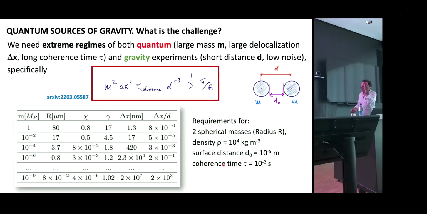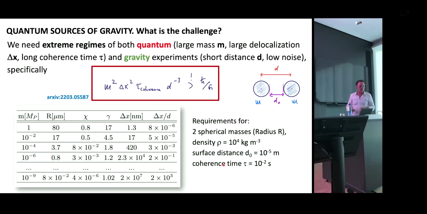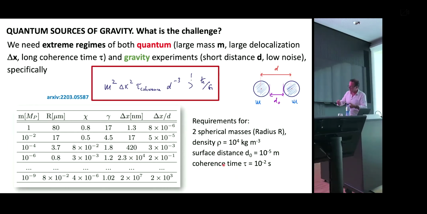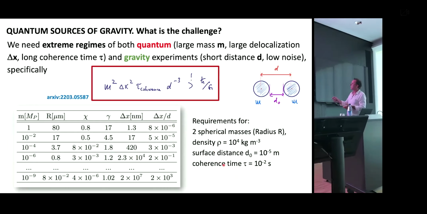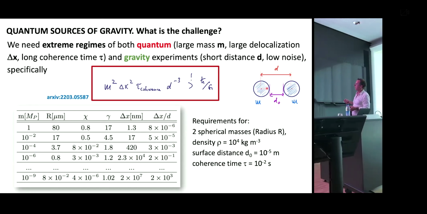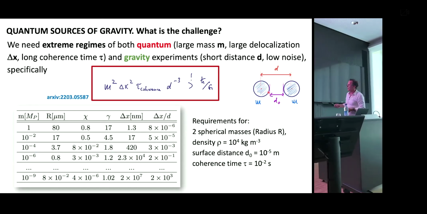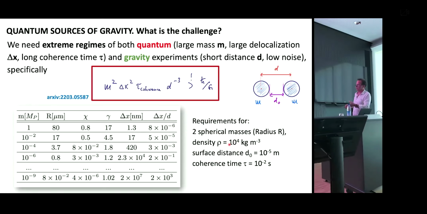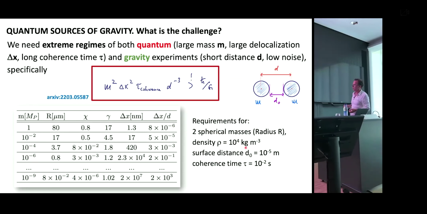Now, I spare you the details. Again, if you're interested in those, tomorrow will be the intensive course on that. If I assume now that we have two spherical masses, both of which are delocalized by delta x and separated by d, I take typical densities of a regular solid, 10 to the 4 kilograms per cubic meter.